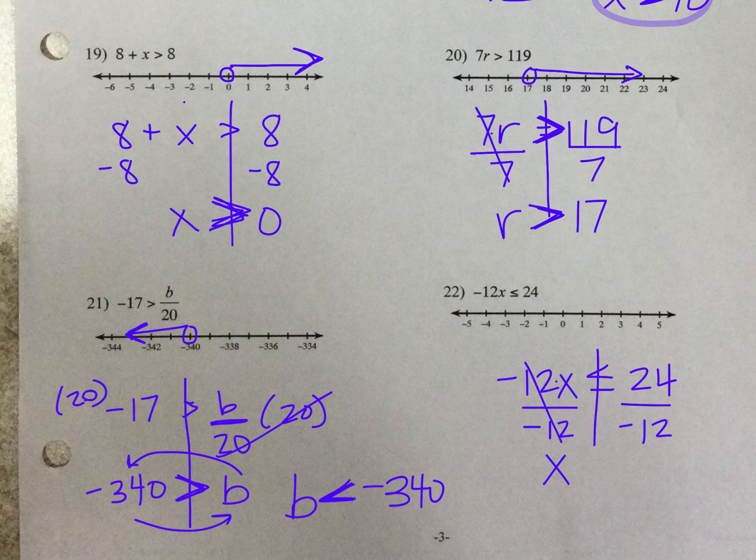So, something we've talked about in the past, when I move a negative number by multiplication and division, I have to flip my sign. Don't flip everything. Don't move the x, don't move the number, just flip over the sign. So, closed circle on negative 2, and because I flipped it, my line goes that way. All right, that's your study guide. Study.